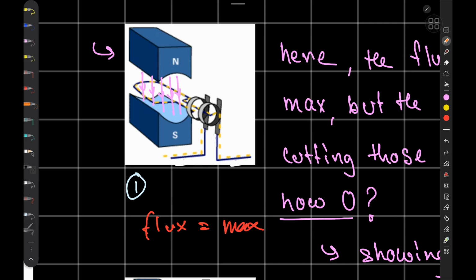There has been very little change in the amount of flux going through the coil. So the change in flux is little, because still pretty much all of the magnetic field is going through the plane.